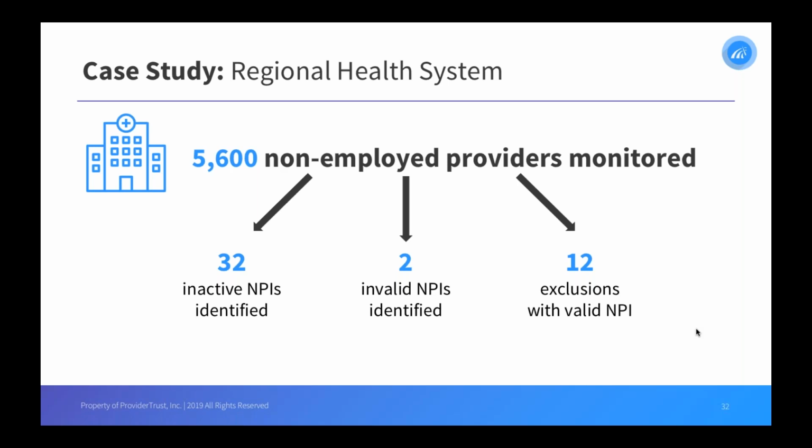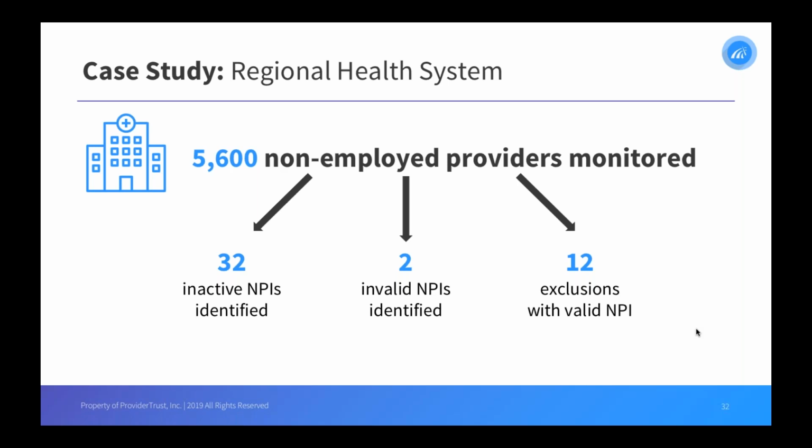And then, unfortunately, we also found that there were 12 exclusions affiliated with those valid NPI numbers. So one thing that I don't think we've mentioned yet, at Provider Trust, one of the things that we've done is we've actually gone out and created links, if you will. We've what we call augmented our data, but we've been able to go out and connect exclusions with NPI numbers.